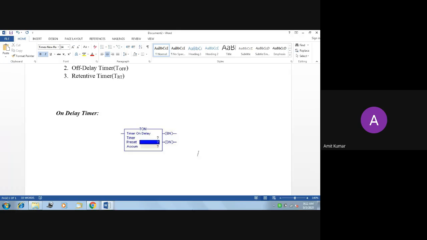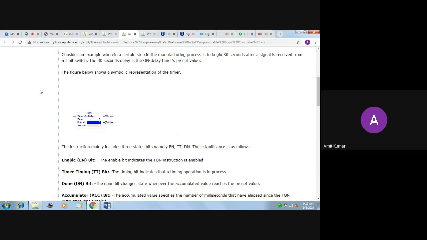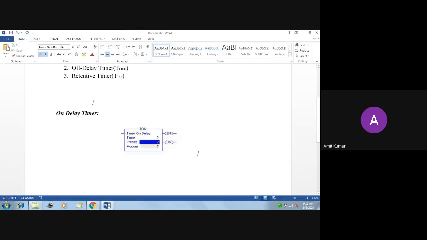First component is the timer, or you can say the timer number. First we will discuss the different bits, and then we will see the different values. The first thing is preset.